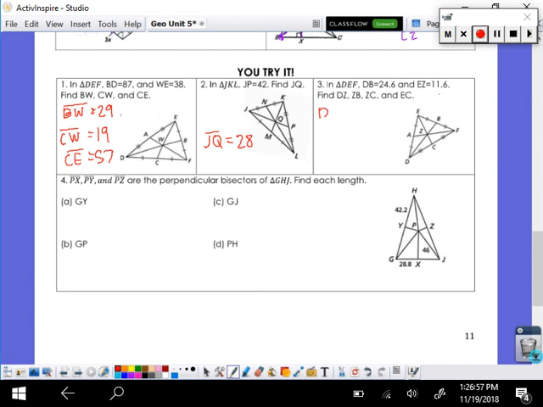Number 3, GV equals 16.4, VB is 8.2, VC 5.8, EC 17.4. And then lastly, GY is 42.2, GP is 46, GJ 57.6, PH 46.